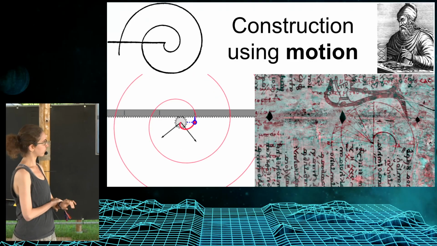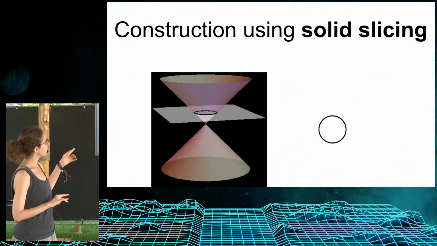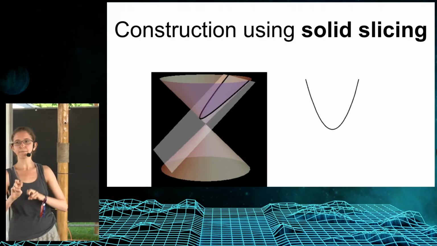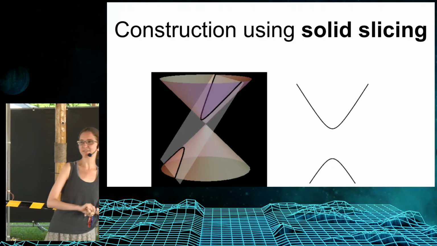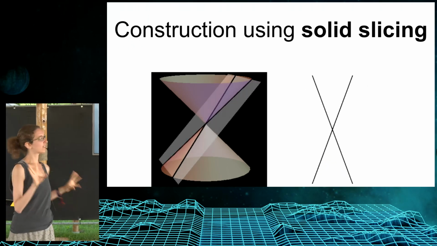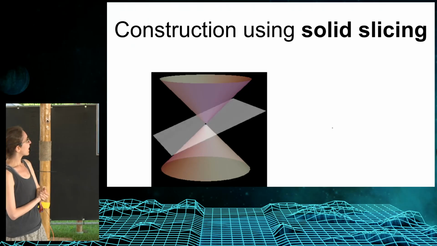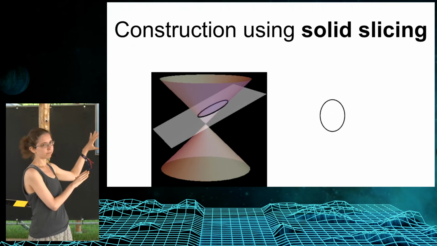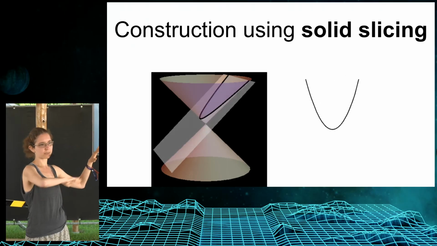It's important for later. And another one, I'm calling it a cheat, but again, I feel bad that I'm simplifying stuff too much, so sorry. Let's call it a cheat for this purpose. You can think about taking a cone and slicing it with a plane.